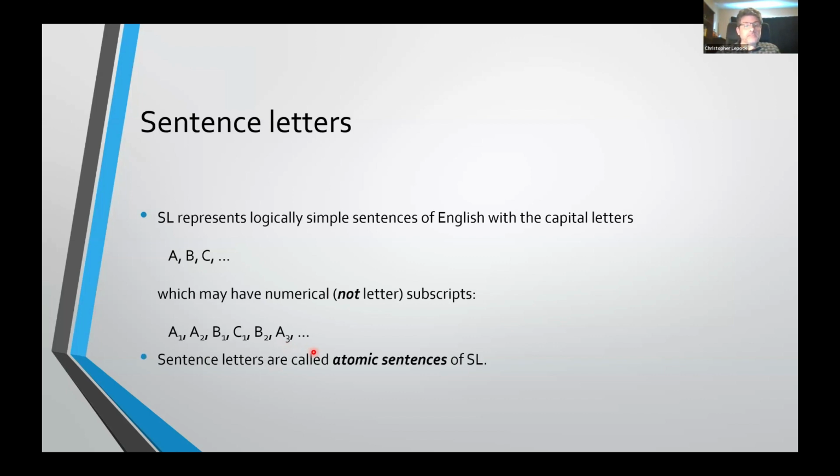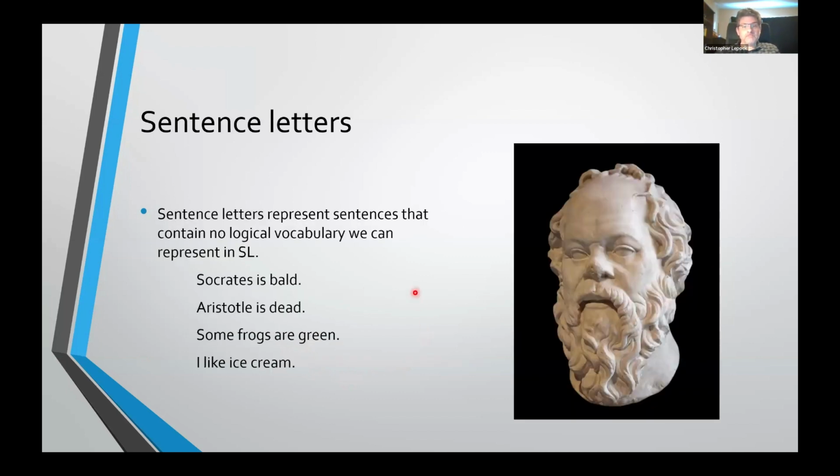Sentence letters are also referred to as atomic sentences of SL. What these represent are sentences that don't contain any logical vocabulary that can be represented in SL. So, like Socrates is bald, Aristotle is dead. That's Socrates. You can see quite a bit of forehead there. Some frogs are green.